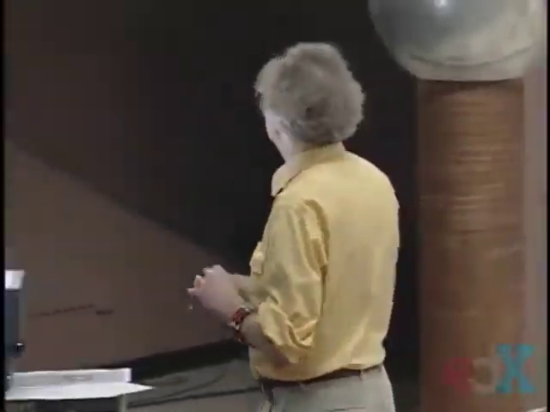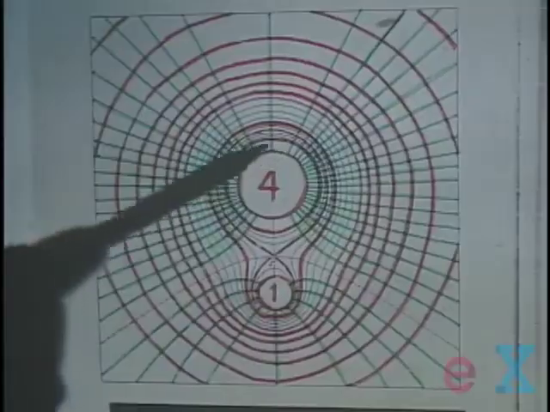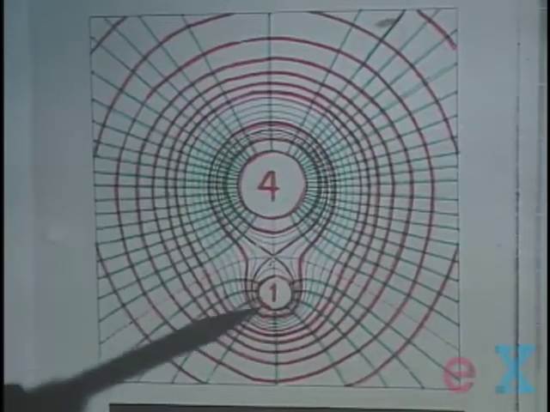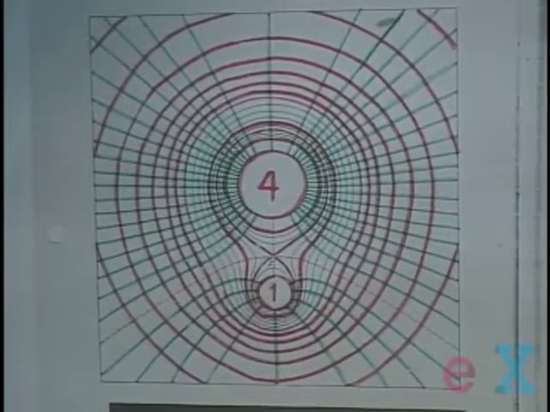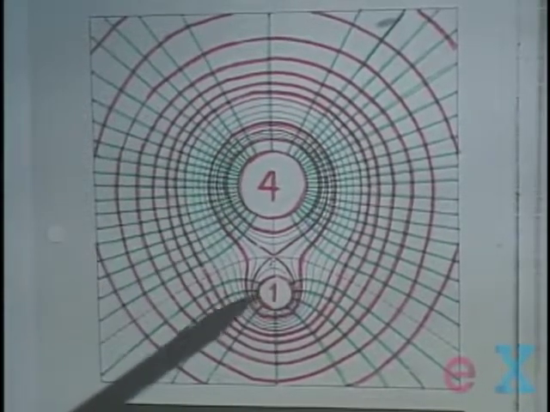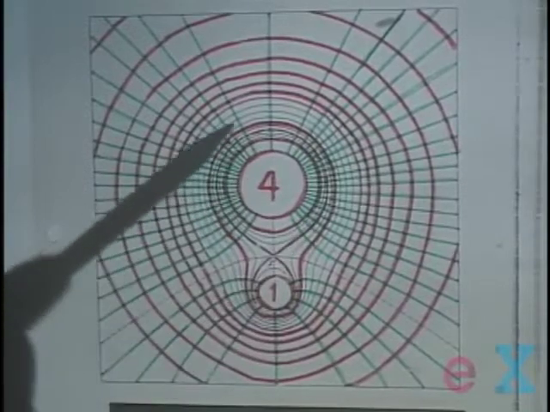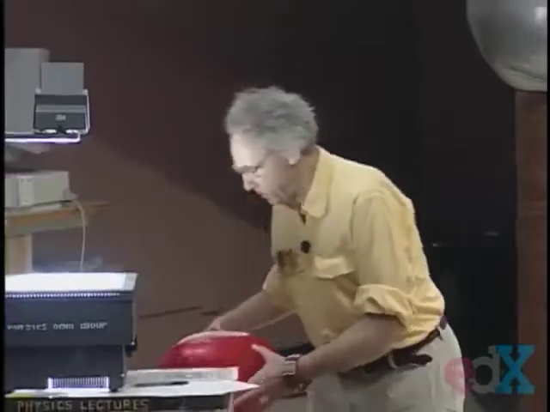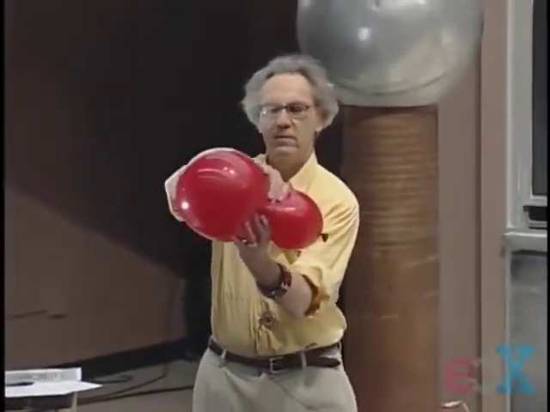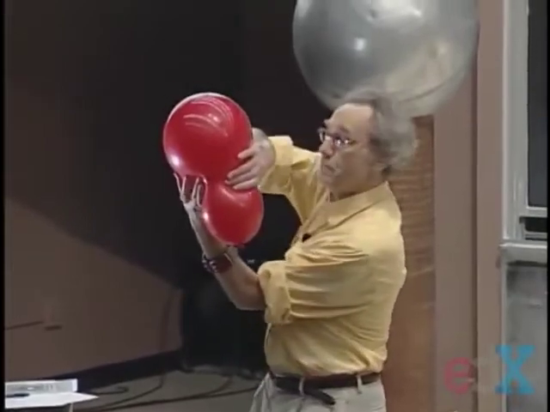So it doesn't surprise you that when you go far out, you ultimately get spherical shapes. When you're very close to the +4, they are perfect spheres. When you're very close to the +1, they are perfect spheres. But then when you're sort of in between, neither close to the +4 nor to the +1, they have this very funny shape. It reminds me of the shape of this balloon a little bit. Sort of like this. You see?